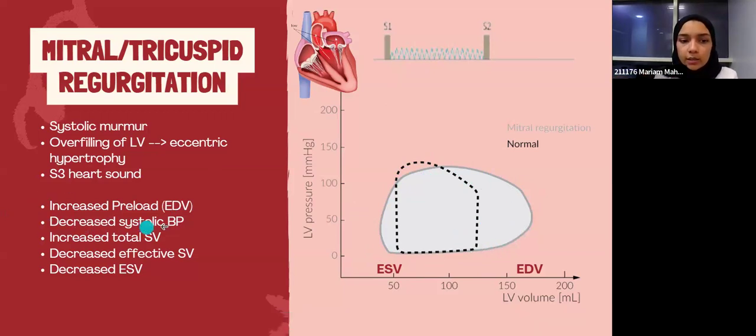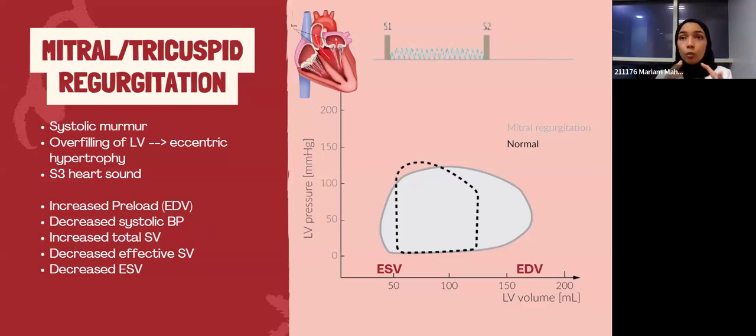There is a decreased systolic blood pressure because the ventricle is pumping out blood, but it's going to two different places. So it's not all going to the aorta, so there's a decrease in the systolic blood pressure. There is increased total stroke volume.